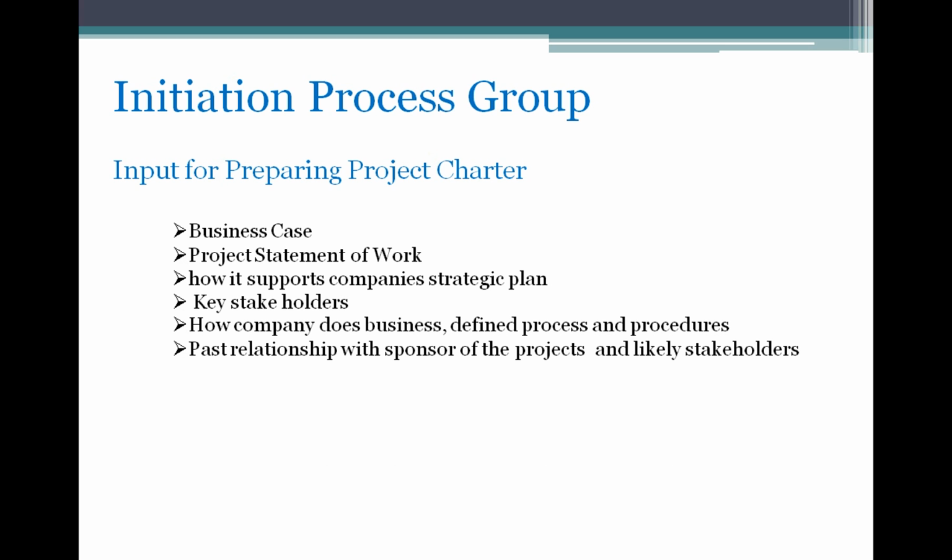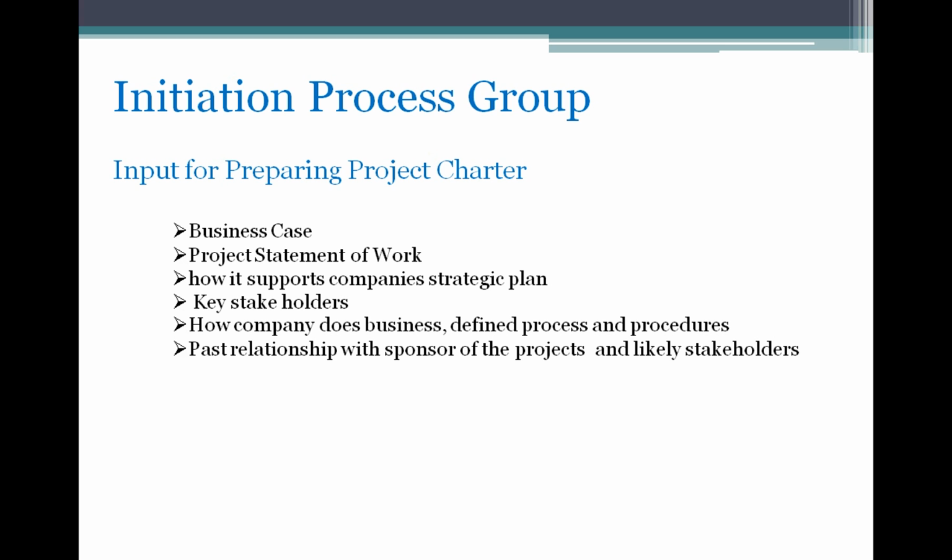So the PMO always maintains the history of the past projects, and the project manager gets the data about the sponsor and the characteristics of this sponsor, and any issues before or from lessons learned.